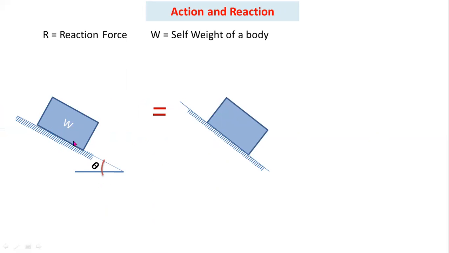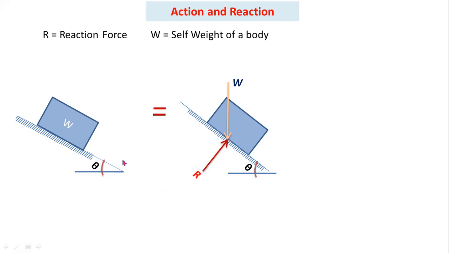Now you have to consider this self weight W as vertically downwards. Self weight is always acting vertically downwards, and this is the reaction force. Already we discussed previously, the reaction force always makes an angle 90 degrees with respect to the support.